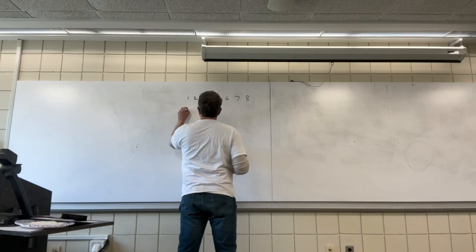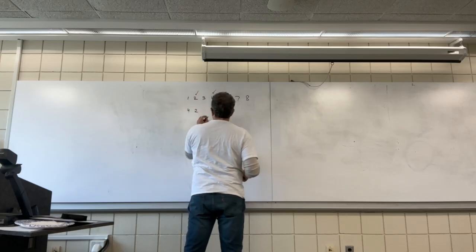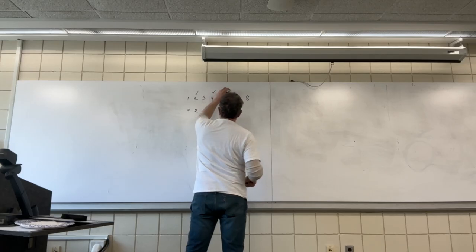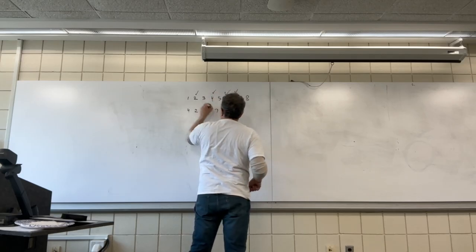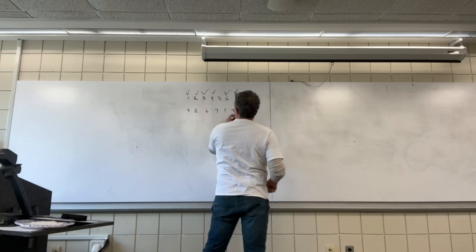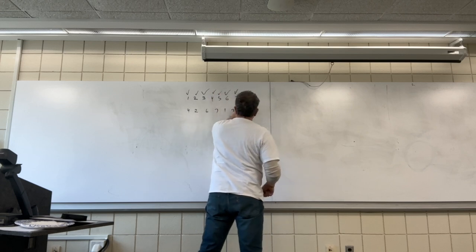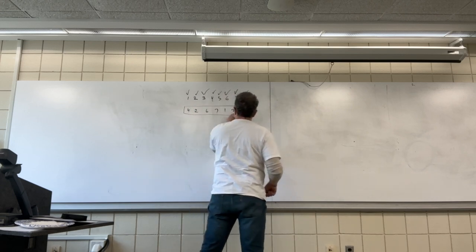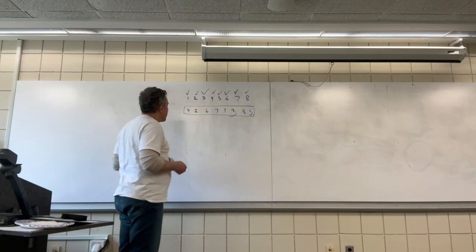So I'll put my 4 here, and the 2 here, maybe the 6 here. Let's put the 7 here, the 1 here, the 3 here, and then the 8 and 5. Okay? So now we are given this as the initial array. It's somewhat random.